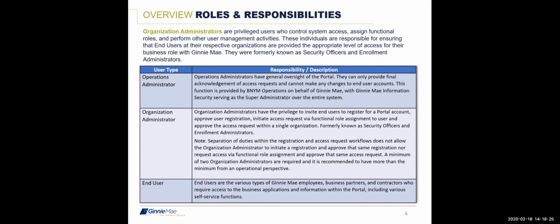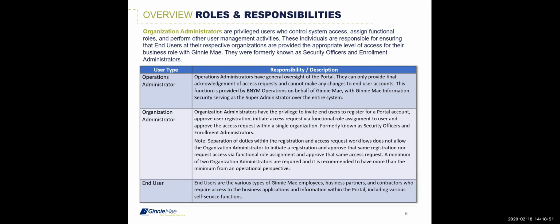The operations administrator at the top of this chart is the Bank of New York Mellon on behalf of GinnieMae. The Bank of New York Mellon has one key, or actually two key responsibilities when it comes to account access in MyGinnieMae. The first one is to onboard the organization administrators. You do not onboard yourselves. There's no one in your organization that can do that for you.